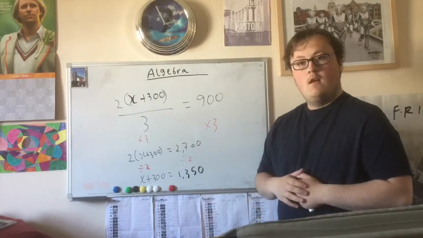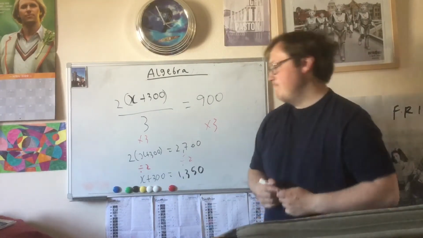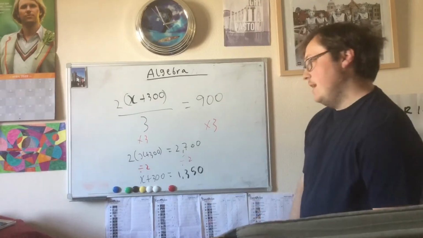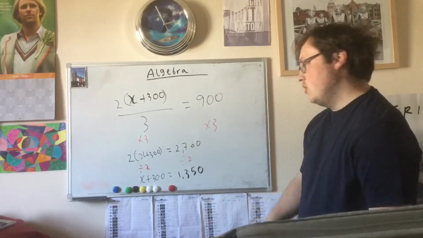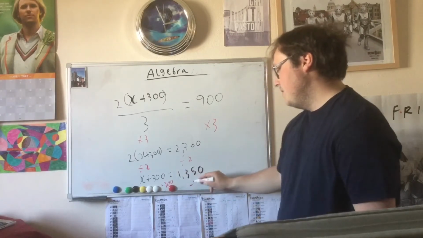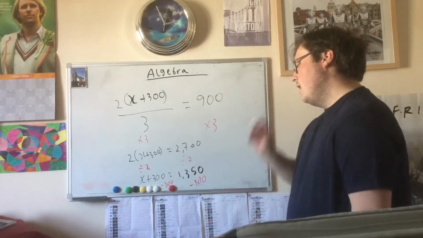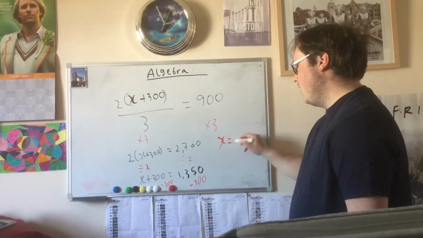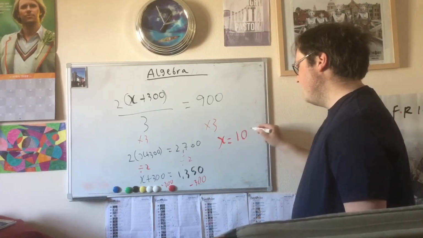So, once I've done that, I need to find x. So I have x plus 300 to get 1,350. What I've got to do is I've got to minus 300 on both sides. And that will get x being £1,050.